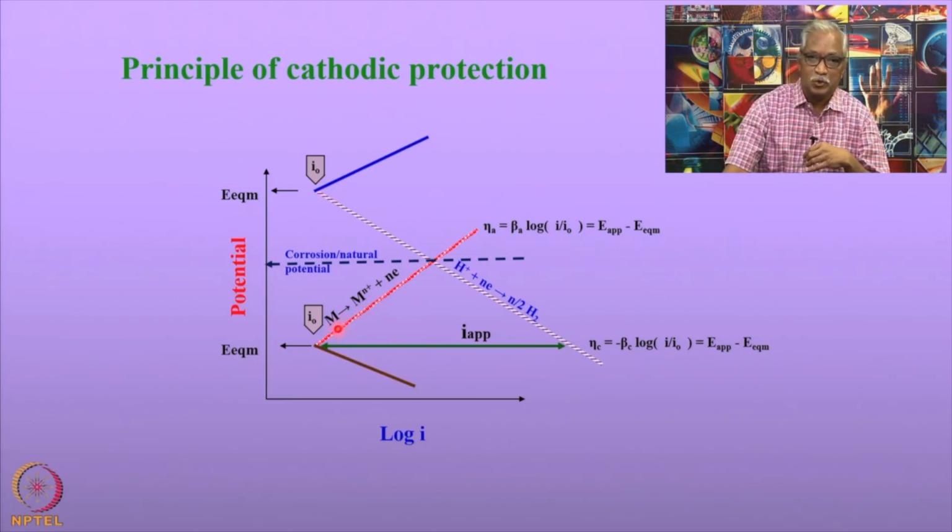Depending upon the slope of the cathodic reaction and the anodic reaction, the current required for cathodic protection changes. This slope also decides whether the applied potential is adequate to protect a metal to the desired levels. That we will be seeing in one of the problems.